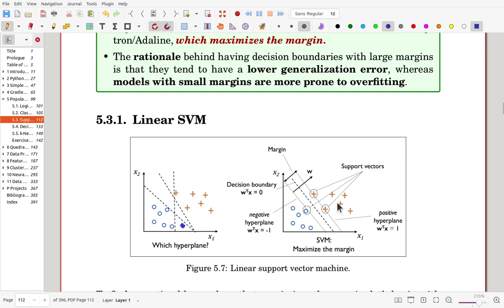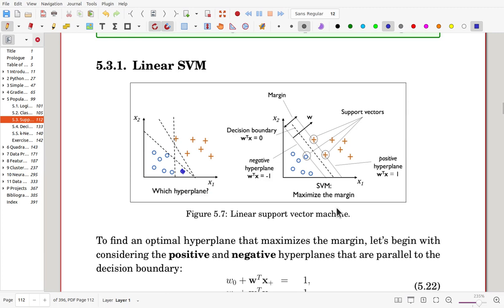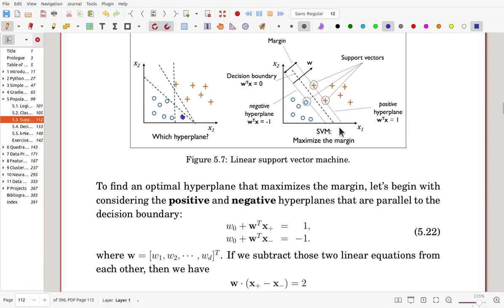Now, to formulate the idea into a mathematical equation, we start with the boundary hyperplanes. That one is the positive hyperplane, where the net input is 1. The other side is the negative hyperplane, where the net input is -1.